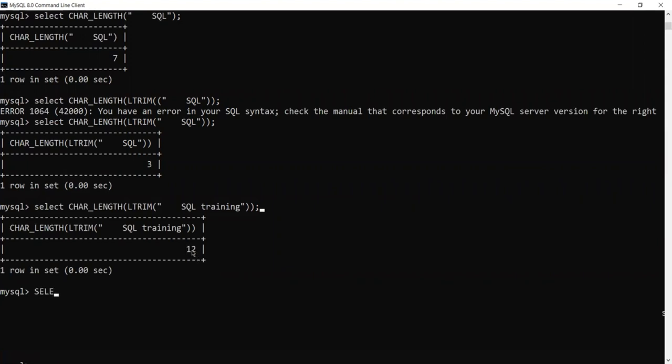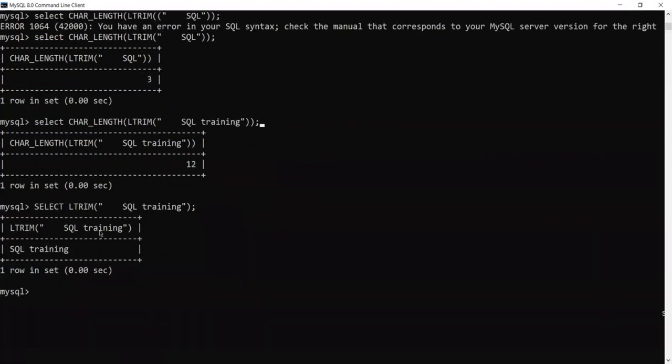What exactly happened inside? Let us pass this to LTrim. Now you can see that only the spaces present initially before S were trimmed.